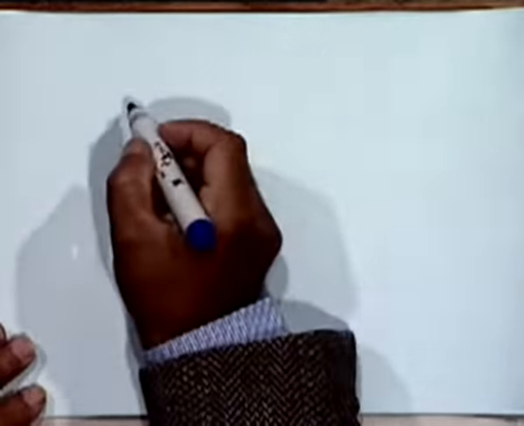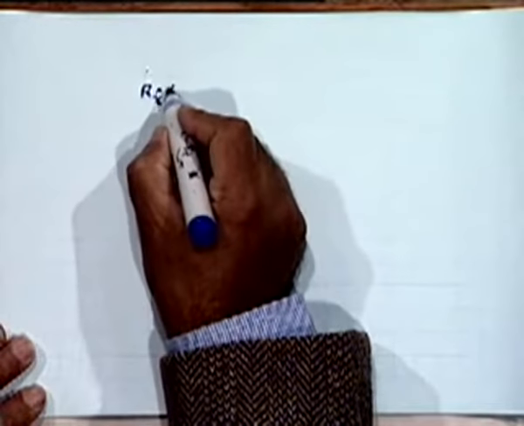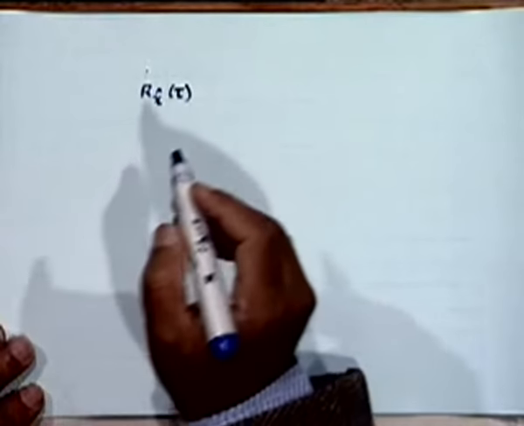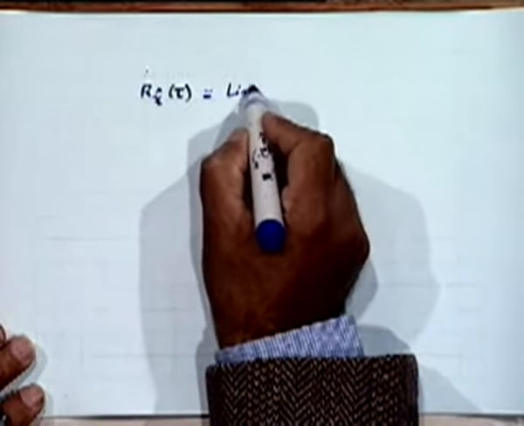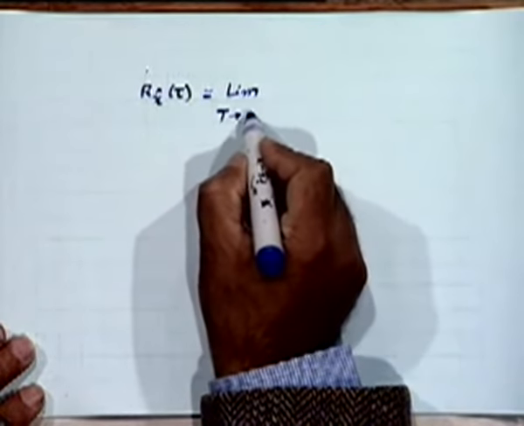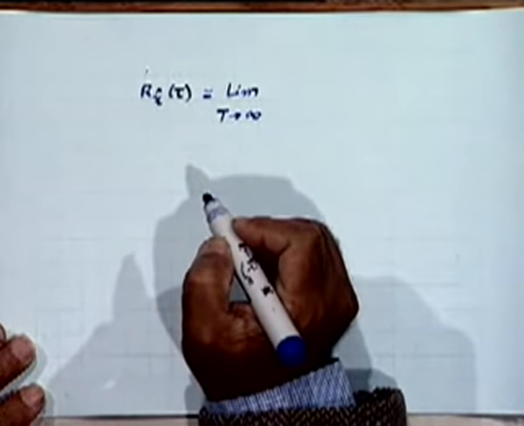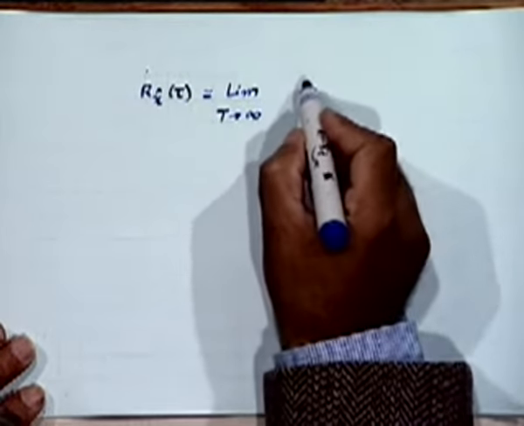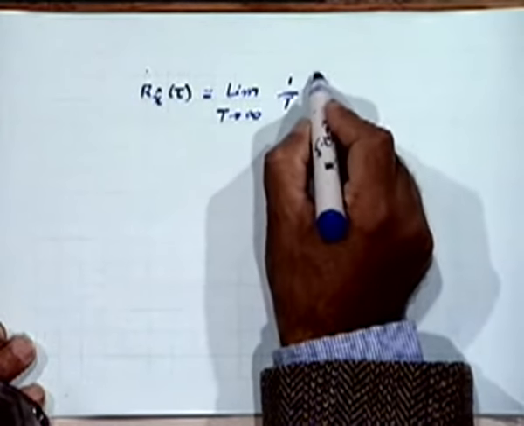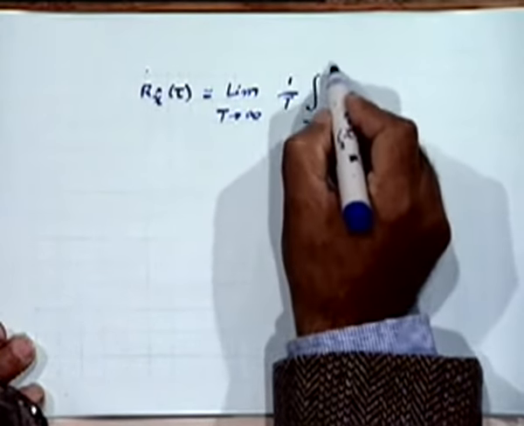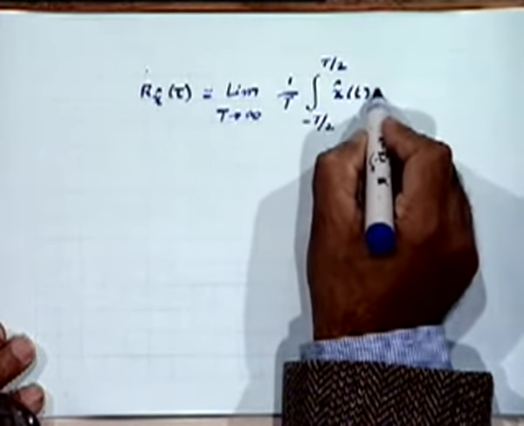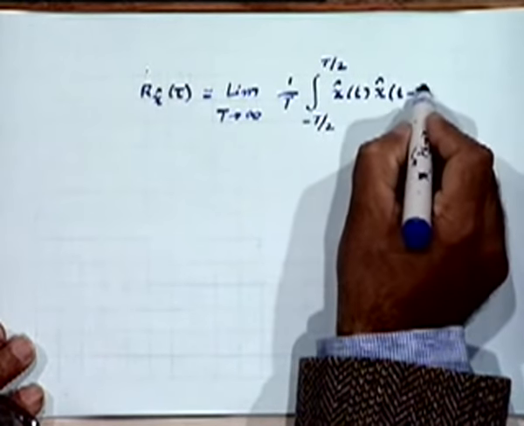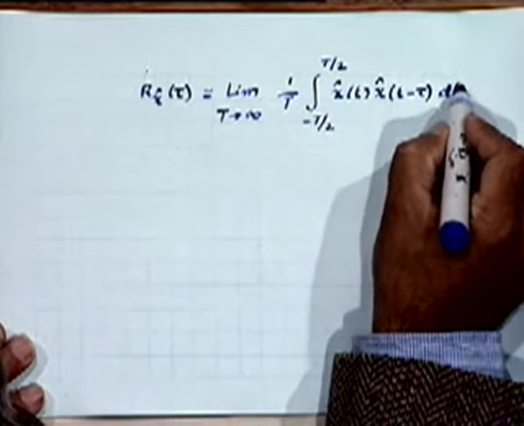So we may recollect the definition of the time autocorrelation function of x hat, R x hat of tau. We will define it as the limit as capital T tends to infinity of 1 by T times the integral from minus T by 2 to plus T by 2 of x hat t into x hat t minus tau, dt.